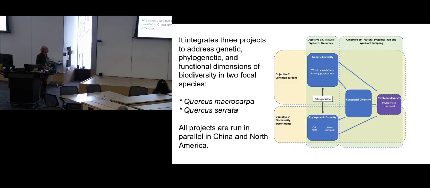It integrates three projects overall that address genetic, phylogenetic, and functional dimensions of biodiversity on both bur oak, Quercus macrocarpa, the one we'll talk about today, and Quercus serrata, an East Asian oak. Today I'm talking about the North American side. These are all run in parallel in China on Quercus serrata. That'll be topics of future talks.